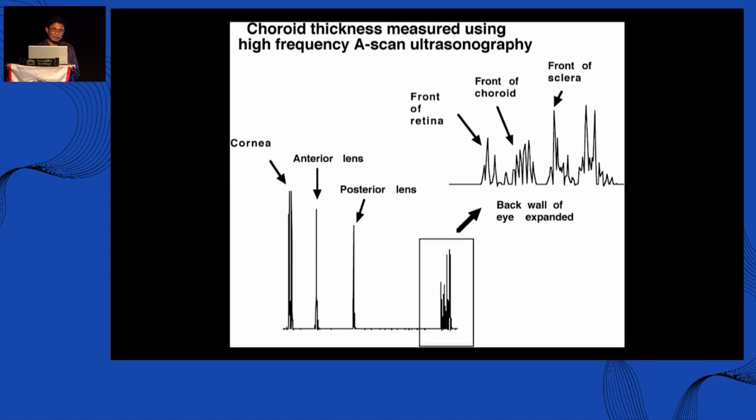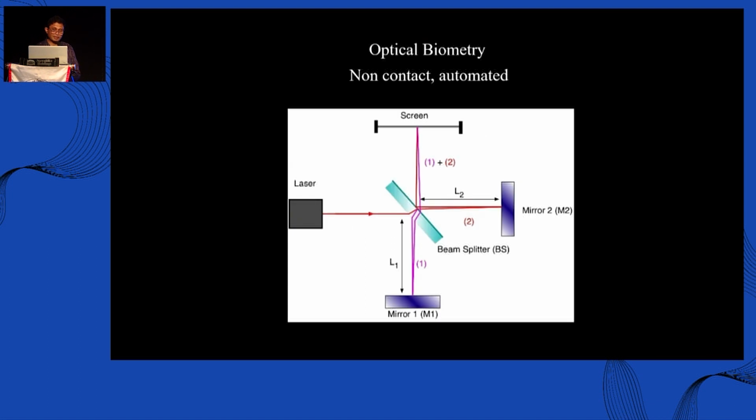Now, if we do it the other way around, optical biometry, what happens is light. Now we know in ultrasound, we use sound which goes and comes back, reflectance. Now light is very fast, around 300,000 kilometers per second, so we can't do a reflectance. What you can do is a sort of trick in the system, where you have a beam splitter.